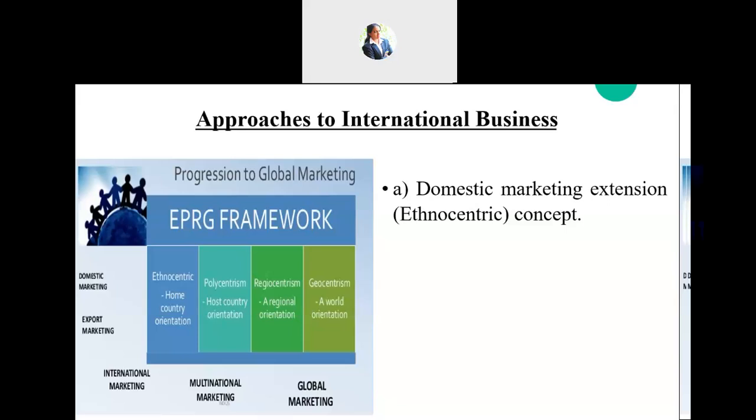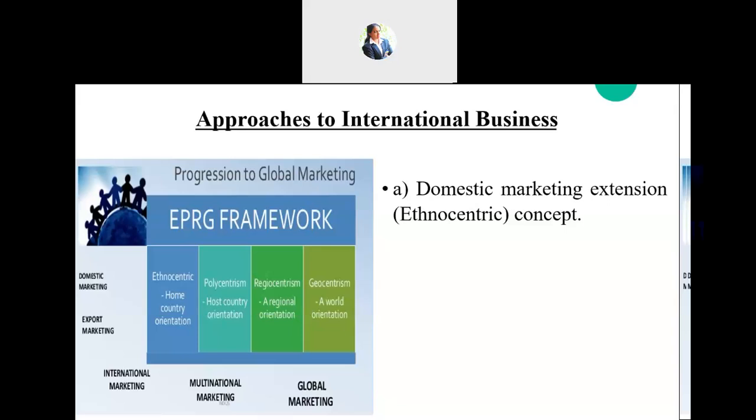Adopting this kind of orientation, such companies hardly make any adaptation to their products so that the product can suit the taste and requirements of the new market in which they are going to start the business.